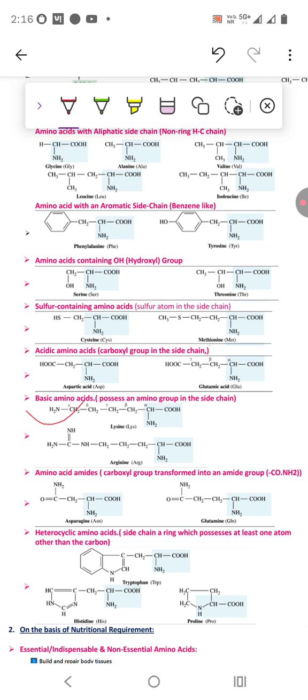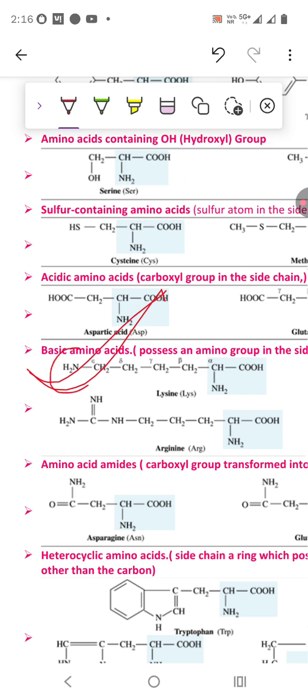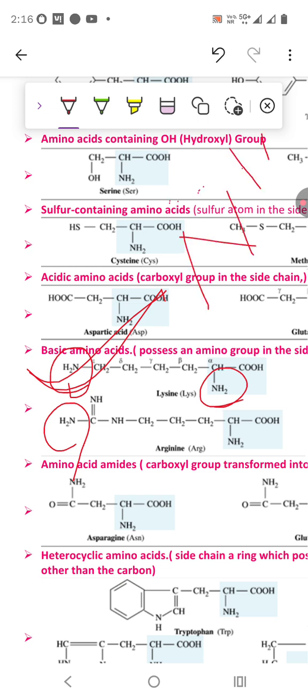Next, move to basic amino acids. Basic amino acids contain an amine group. Why is amine basic? Because on nitrogen there is a lone pair, and this lone pair will accept a hydrogen, a H plus, a proton.